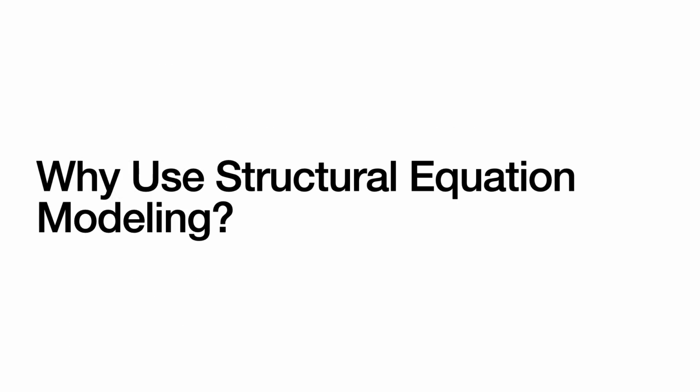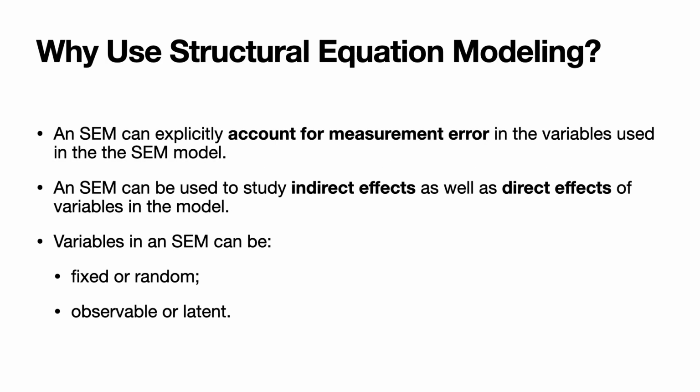Why use structural equation modeling? Well, there are a number of reasons. An SEM can explicitly account for measurement error in the variables used in the SEM model. An SEM can be used to study indirect effects as well as direct effects of variables in the model.